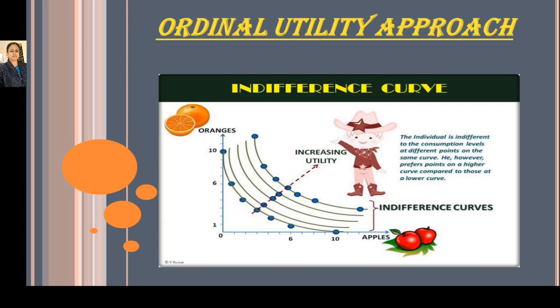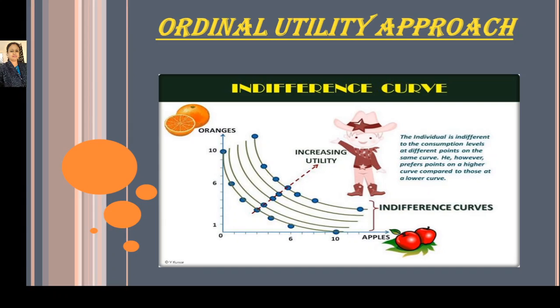This utility analysis can be explained with the help of the indifference curve, and it is the most important tool through which we can compare the utility. Because in the ordinal utility approach, utility cannot be measured, but utility can only be compared.